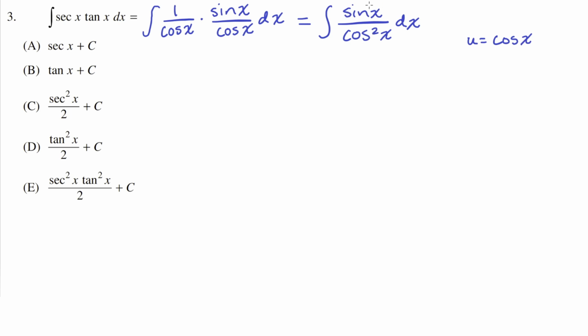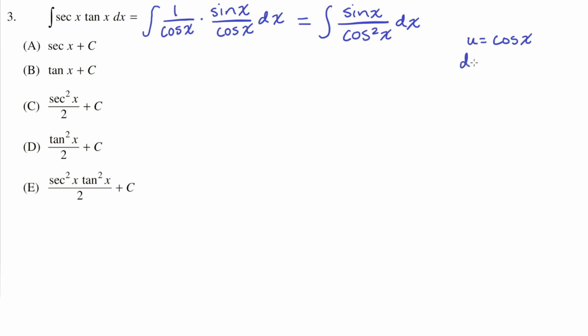Because we see the sine x in the numerator, and that means that when we plug in u, we will take the derivative of cosine x, which is sine x, and that way the sine x will cancel out with the negative sine x, that is the derivative of u, which will just leave us the integrand in terms of u. So then we'll be allowed to integrate.